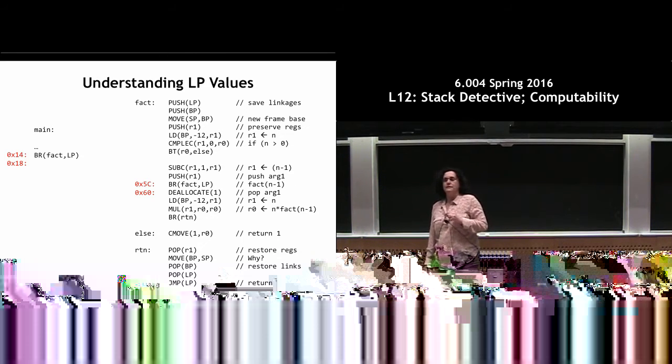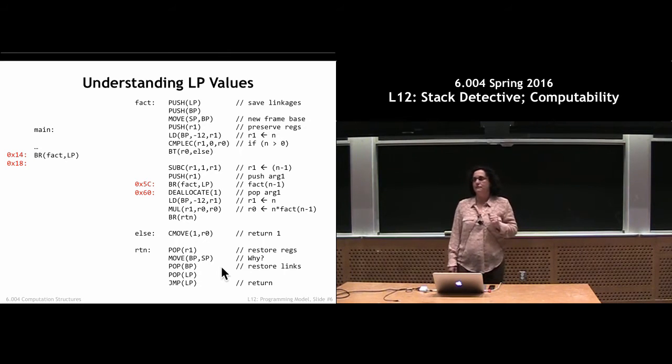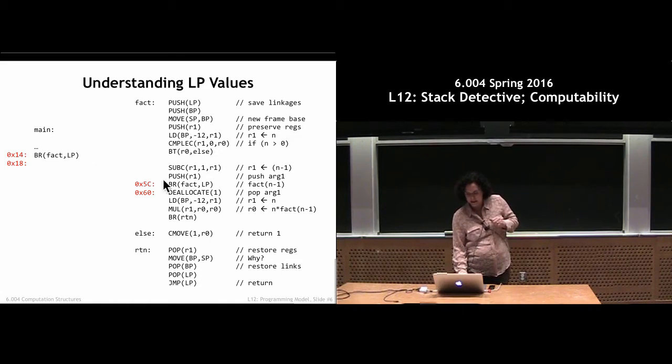Okay, how about the linkage pointer, which we're saving in every activation record? What does the linkage pointer represent? It represents 2 things. We have our original call to factorial from our main program, and we have the recursive call to factorial within factorial itself. Suppose that the address of this original call was 0x14.